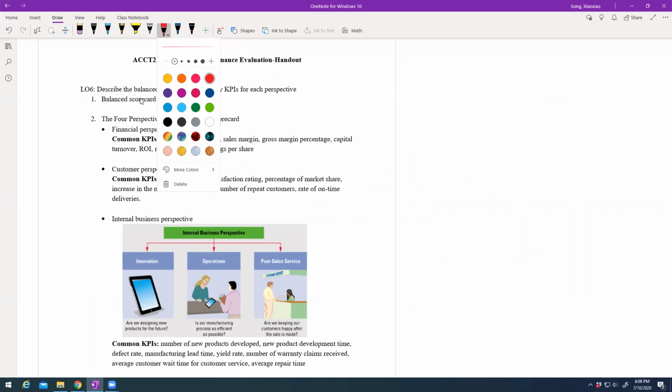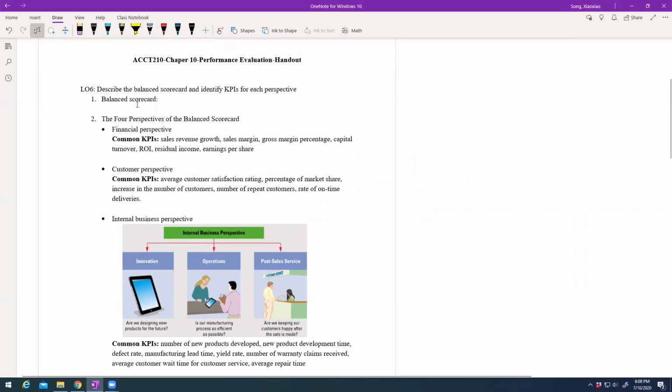It has a score and it has a card. Why do we call it balanced? Because we balance our financial part, which is the dollar amount, with the non-financial part. We will talk about four perspectives, and it balances all those things.